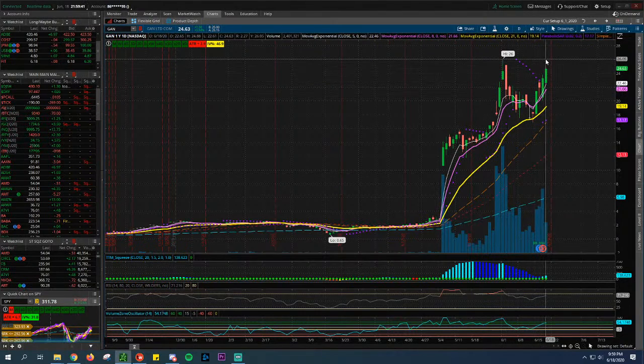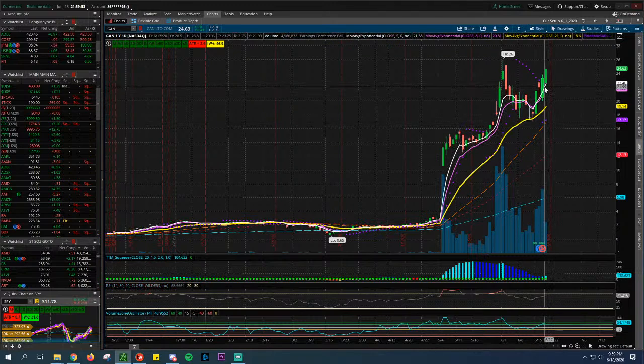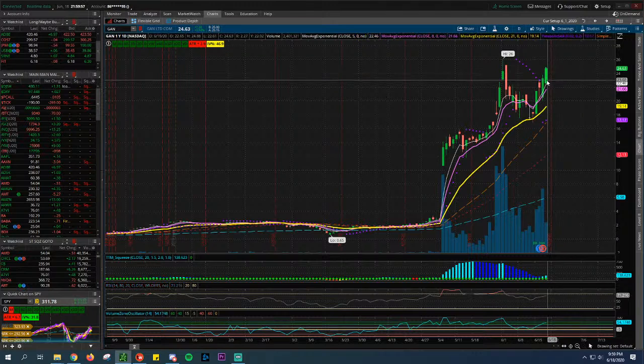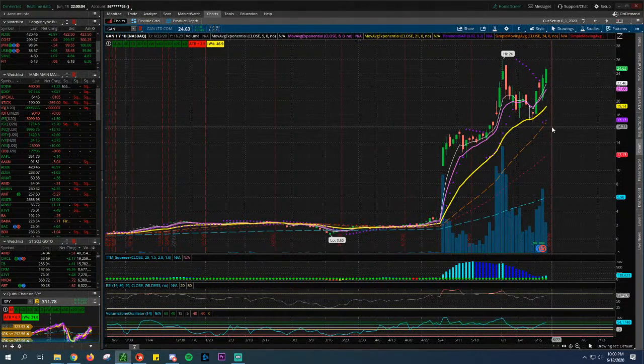Just be very mindful of this. It looks like a lot of volume came into here. Potentially support initially around the $20 level on the way down. Again, with the parabolic SAR just switching, and everything is somewhat nicely stacked here. Just a play I wouldn't personally play because I just don't know anything about it. This is just a little too aggressive for me because something can just switch on a dime and go the other way.